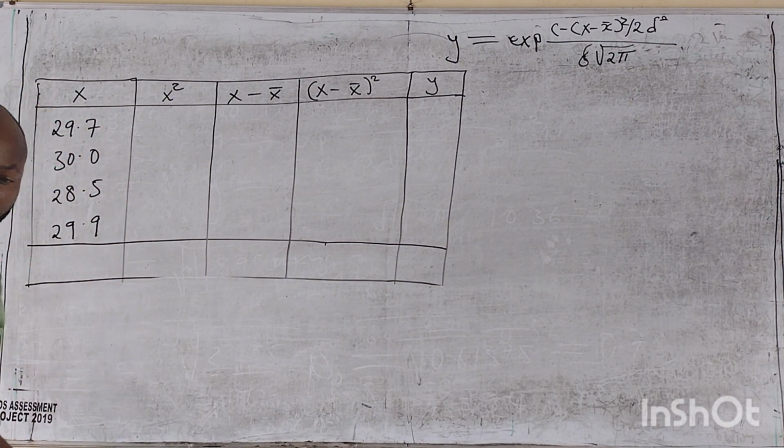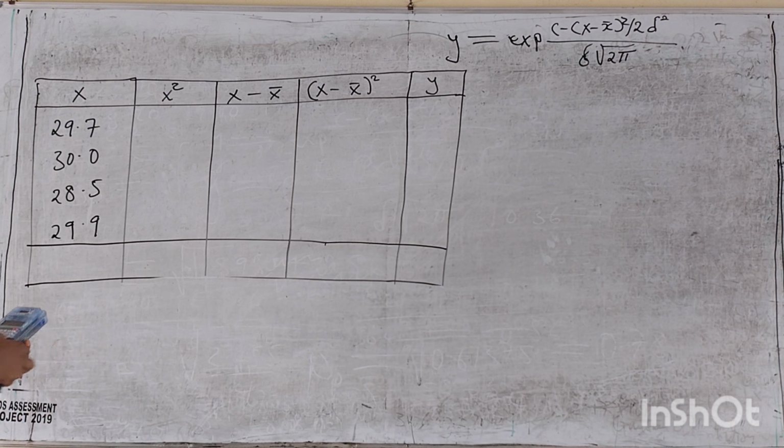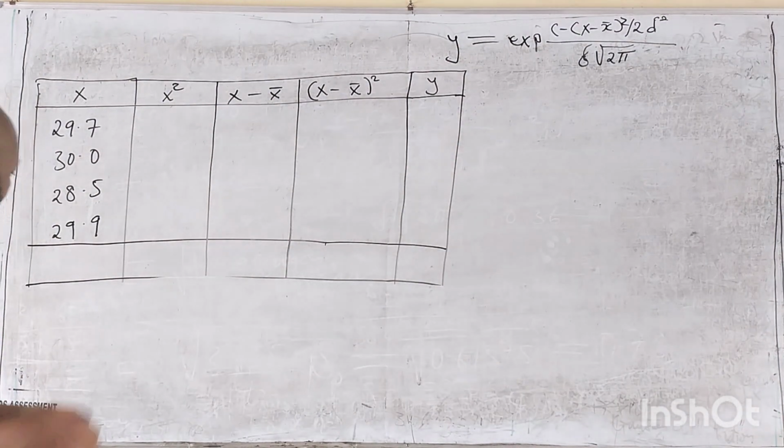Okay, first, since I'm going to know what the mean is, let me first of all add all of it. I have 29.7 plus 30 plus 28.5 plus 29.9. This is 118.1.